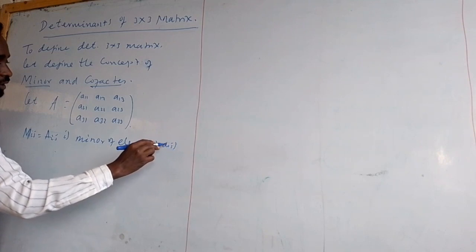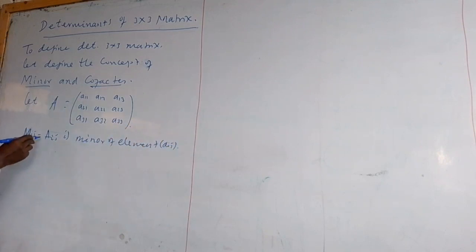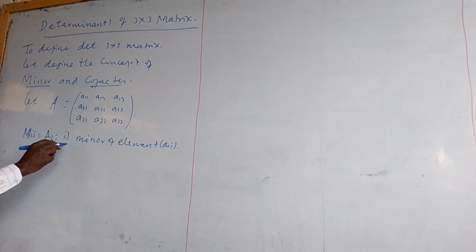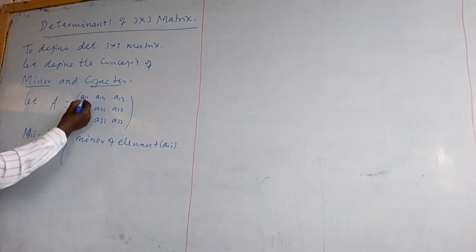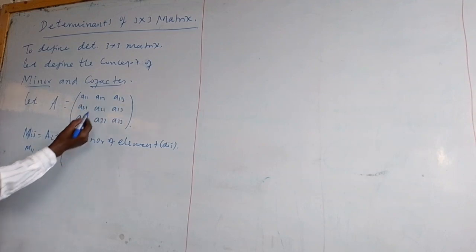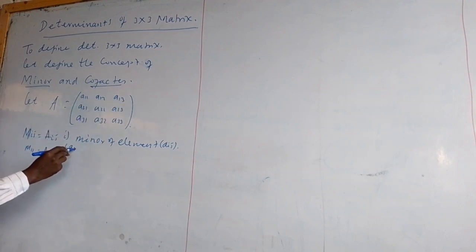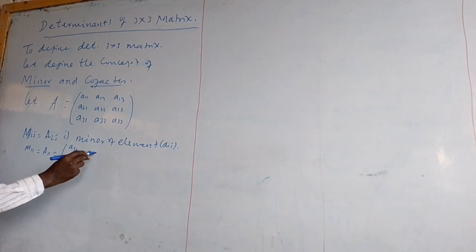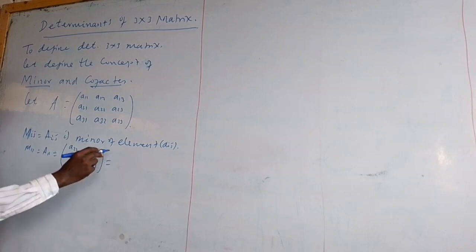When you say minor of an element Aij, we delete the row and the column of that element, then take the other elements. Let's take M11, that is A11, deleting the first row and the first column. Then we have A22, A23, A32 and A33.